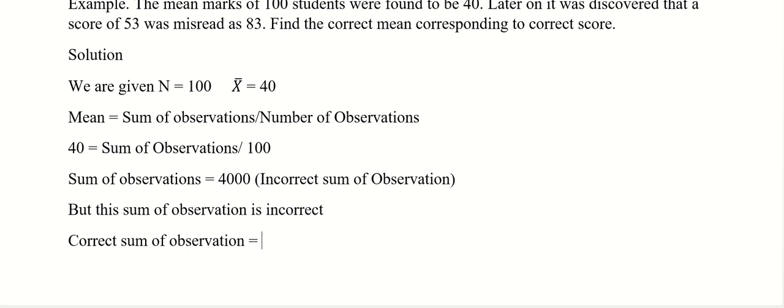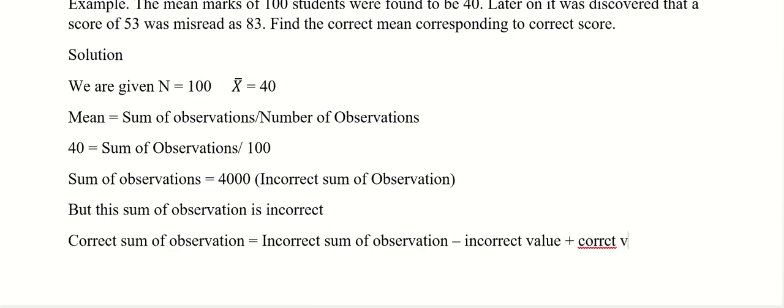For that, we take the incorrect sum of observations, minus the incorrect value, plus the correct value. Here we are subtracting the incorrect value and adding the correct value.